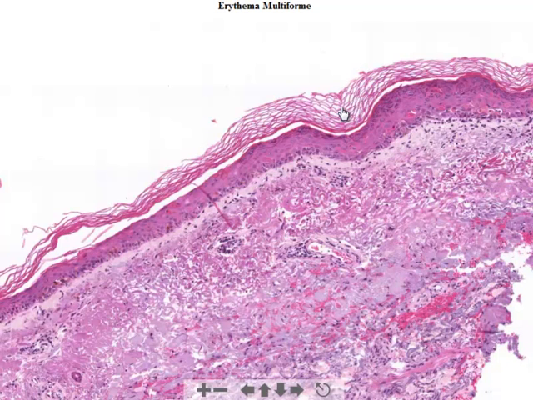Now, if someone were to biopsy a lesion that were several days old, it would not be uncommon to find some parakeratosis present, but typically one would find more hyperkeratosis and parakeratosis in graft versus host disease than one would typically see in Erythema multiforme.